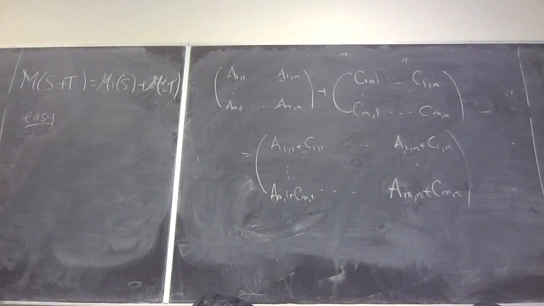Now, unfortunately, we have to do the hard one, which is how do I represent the matrix of a composition? Why would I even want to know this? Well, these maps form a vector space, right? S plus T is a thing that shows up all the time. I frequently want to add linear maps together.